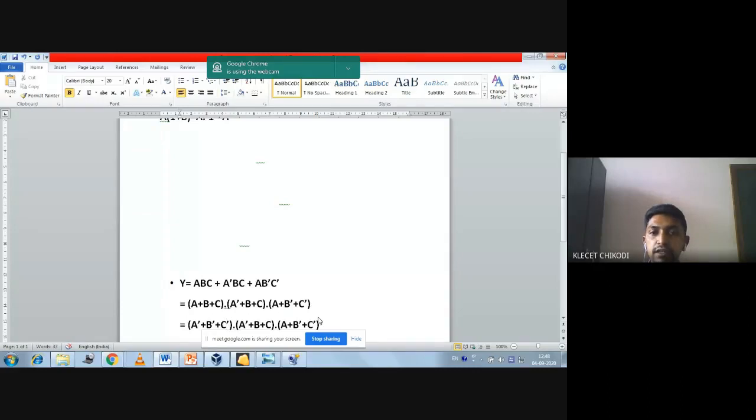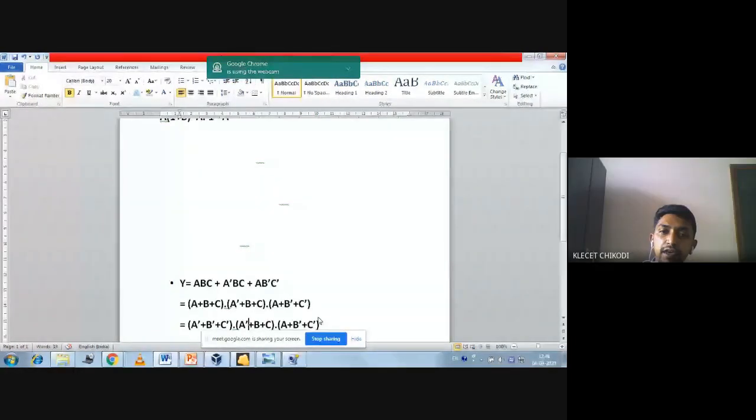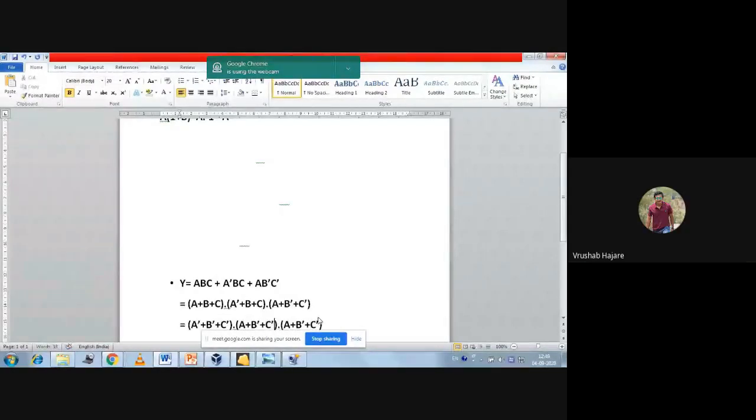If it is C, we have to take C dash. Now anybody tell me, if it is already A dash, what you have to take? A, because you are taking the double complement, so the double complement of any variable will be the variable itself. So it will be A itself, B dash, C dash.